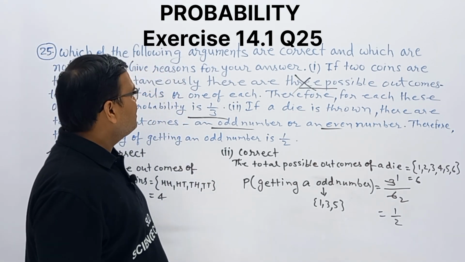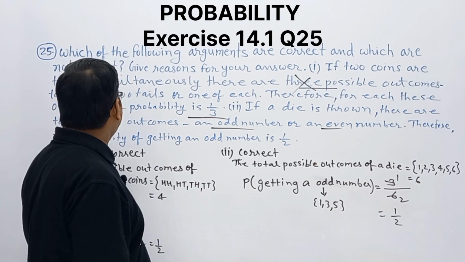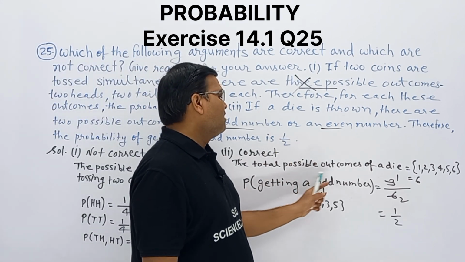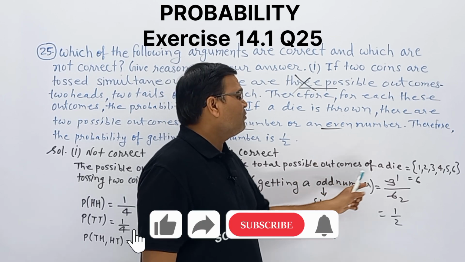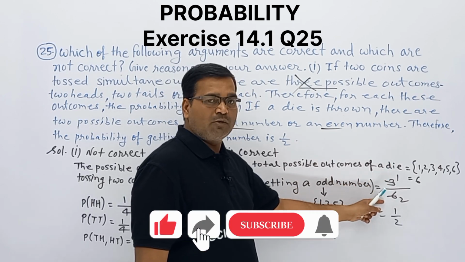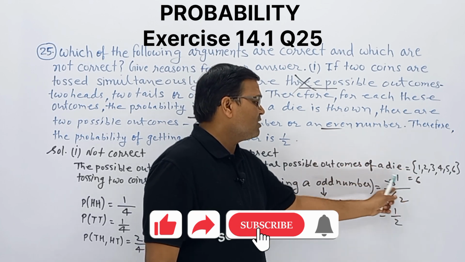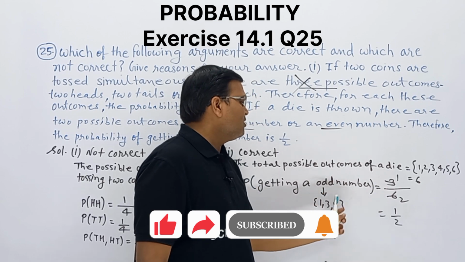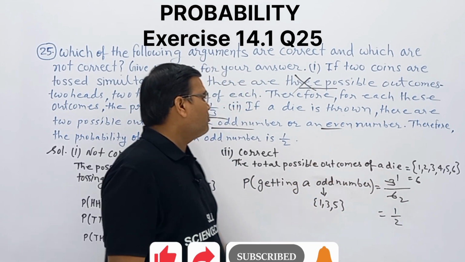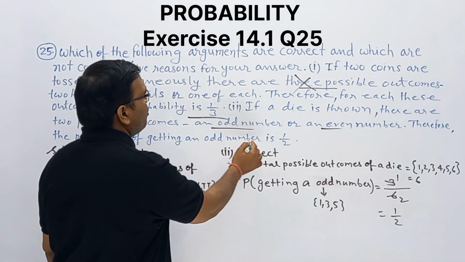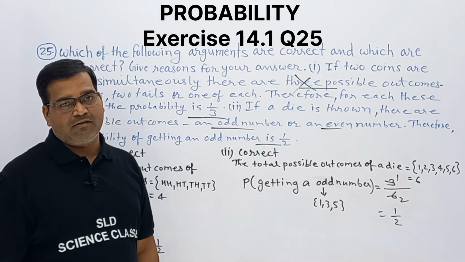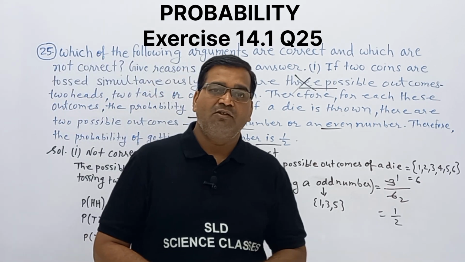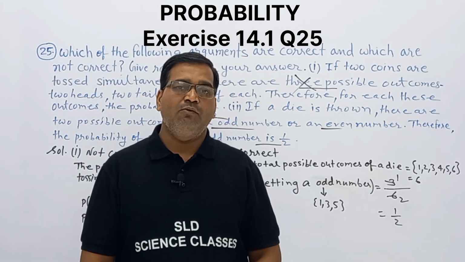Therefore the probability of getting an odd number is number of favorable outcomes divided by total possible outcomes. For a die, total possible outcomes are 6, and there are 3 odd numbers, so 3 upon 6 gives 1 by 2. So the second argument is correct. I hope you understand this question. That's all about this question. Thank you so much.